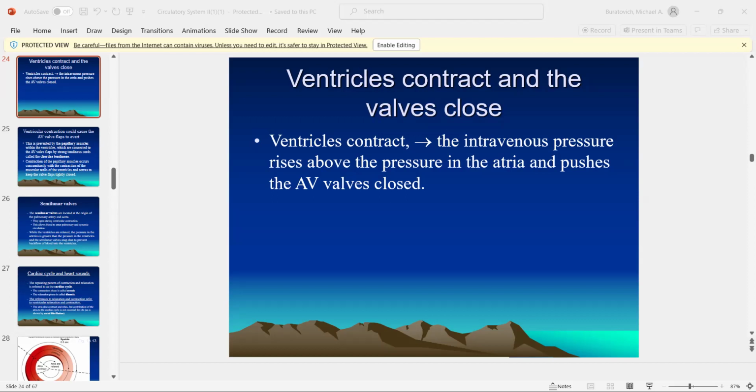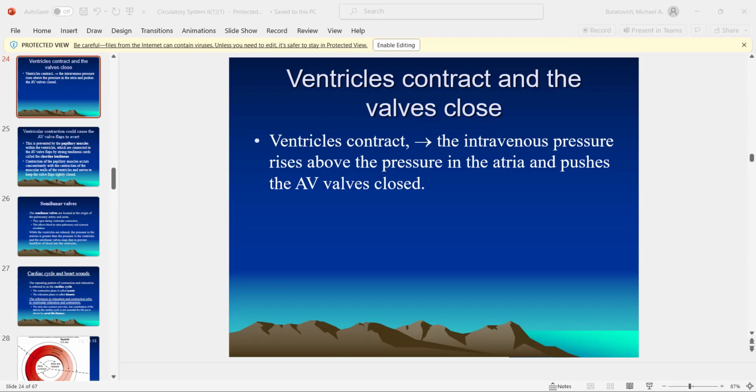The first heart sound occurs at the base of the QRS, and the second heart sound occurs pretty much right in the middle of the T wave here. The semilunar valves remain closed throughout diastole.